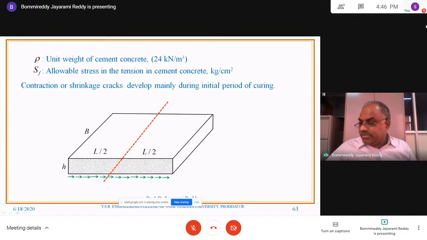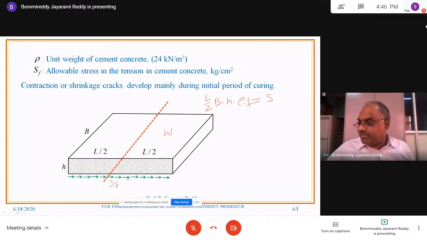Okay, this is the only thing. Already I told you the total weight of this. Total weight is nothing but L by 2 into B multiplied by height into rho is one parameter. Rho multiplied by frictional coefficient will be equal to, this is called the maximum stress that will develop at this level.